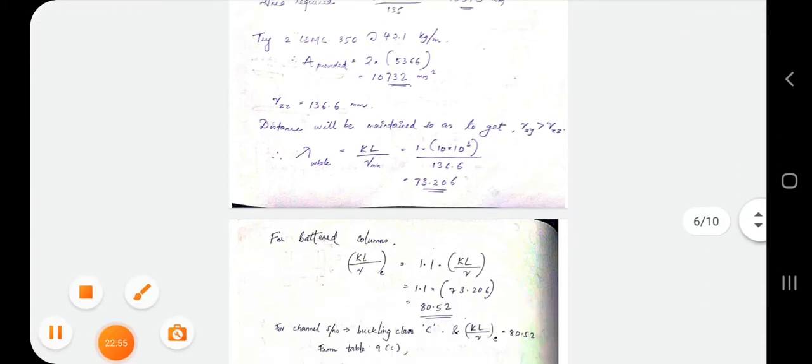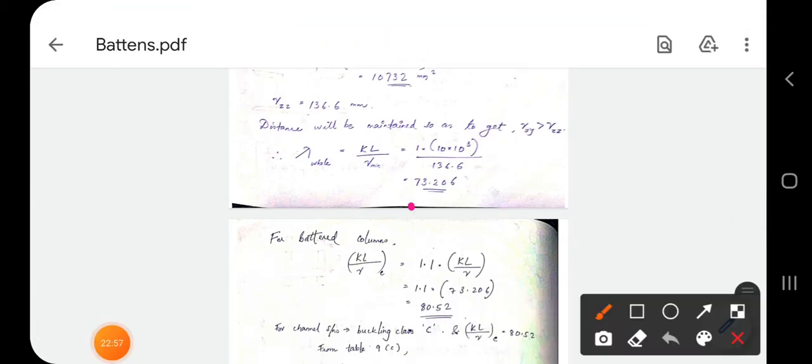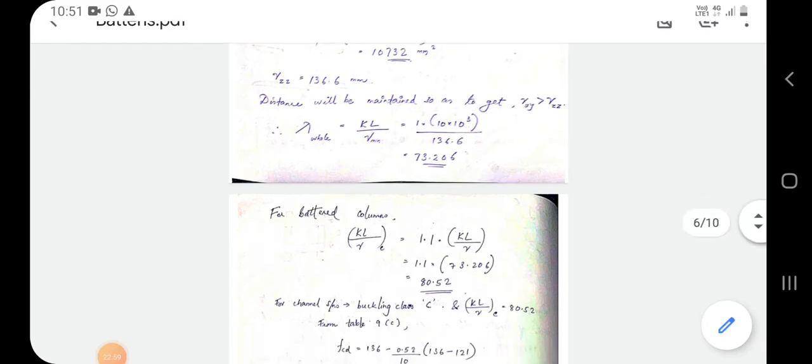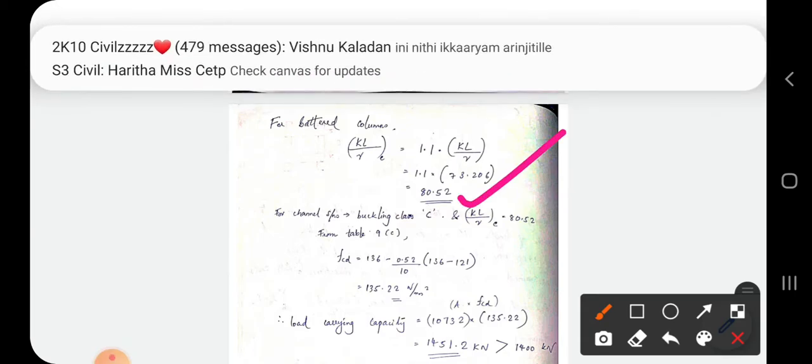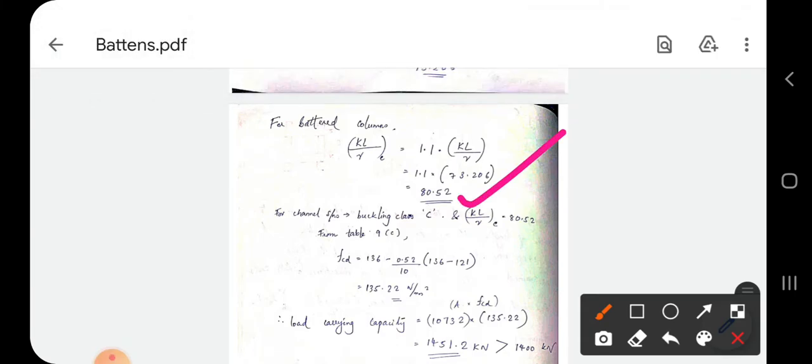So we got lambda whole as 73.206, and for a battened column we have to take the effective slenderness ratio equal to 1.1 into KL by r. Okay, so we got 80.52. In the lacings also we had to do this step, but actually in that note it was not written. So just check that and correct it accordingly.